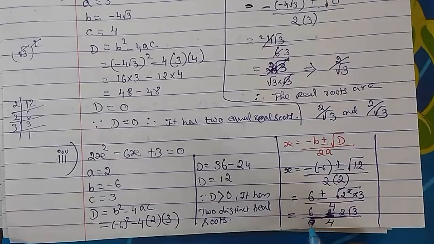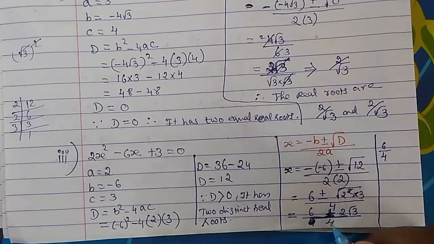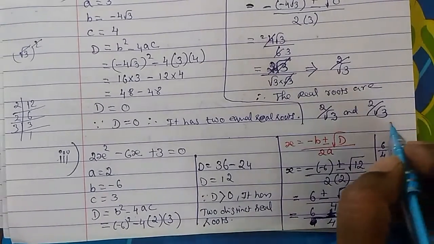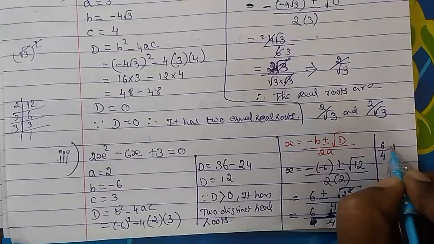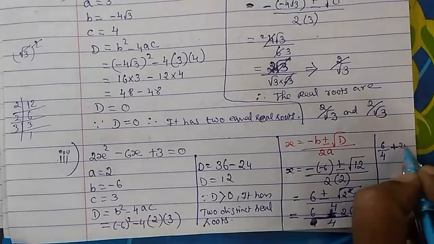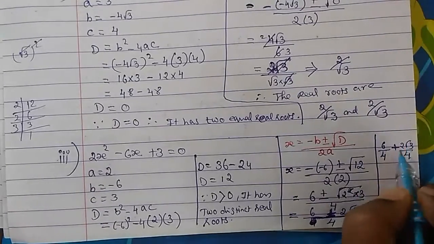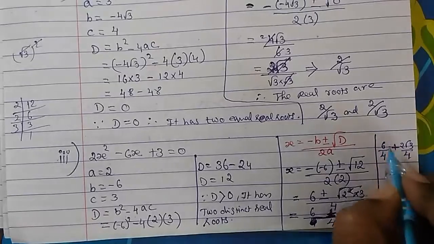Okay, now this let us separate it. This denominator is same, so 6 upon 4 one thing, then one time we will take with plus, that is here we have 2 root 3 upon 4. So this we can simplify.